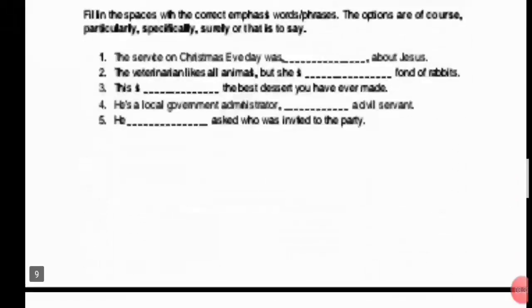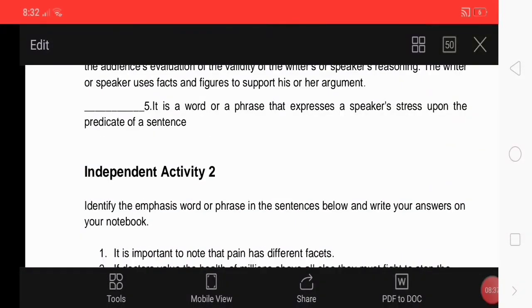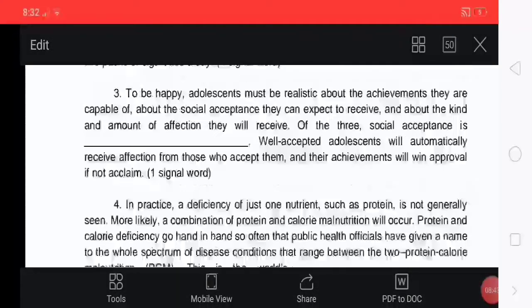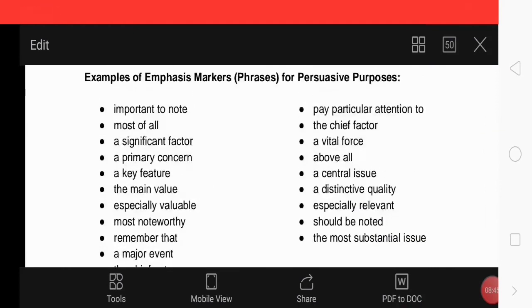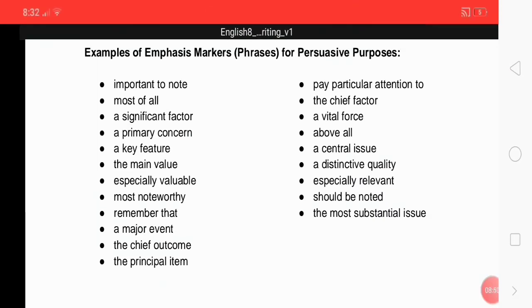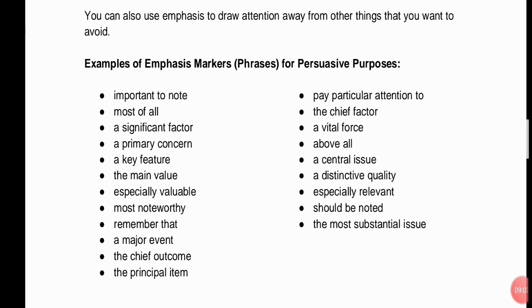So always remember, before I end my talk, that in writing a persuasive essay, we totally need this list of markers so that we can persuade other people, we can convince our readers to believe in our statements or essays.